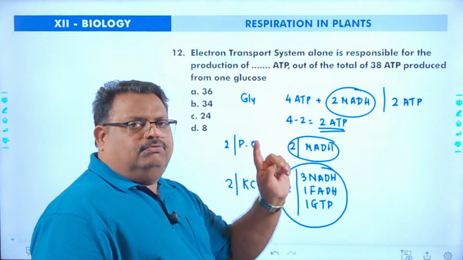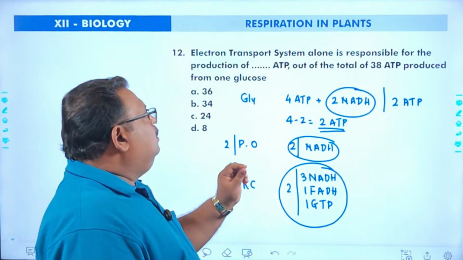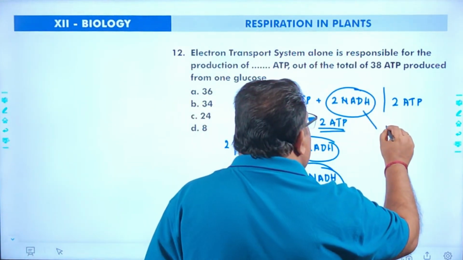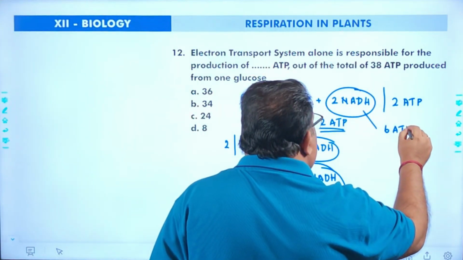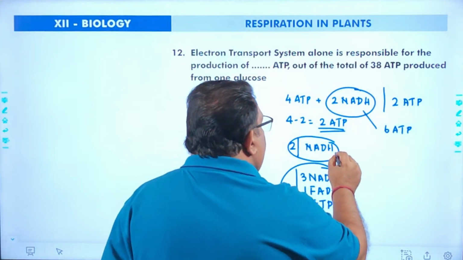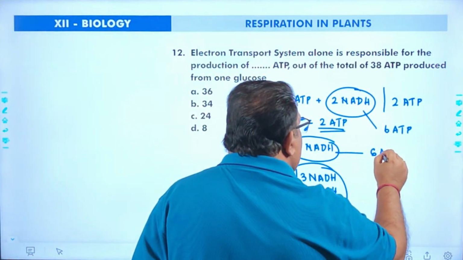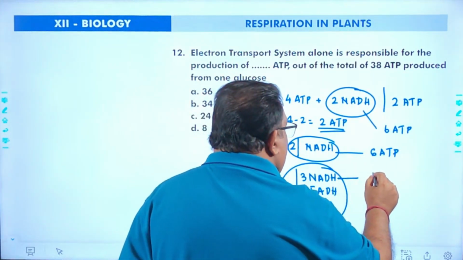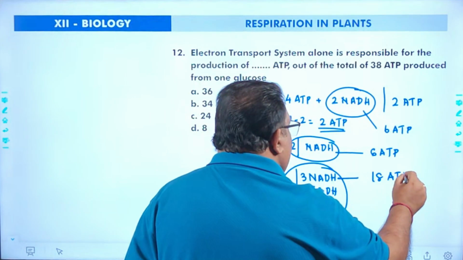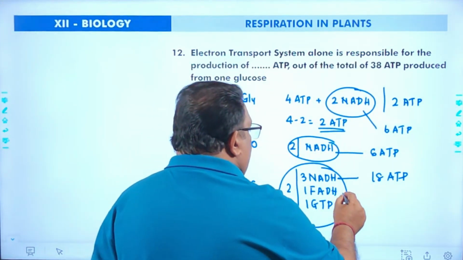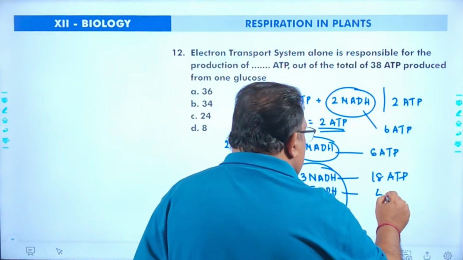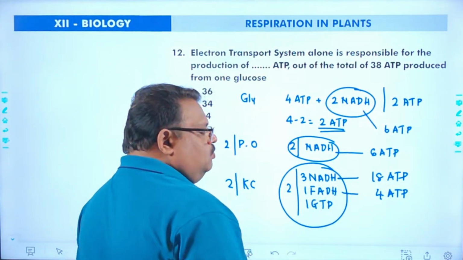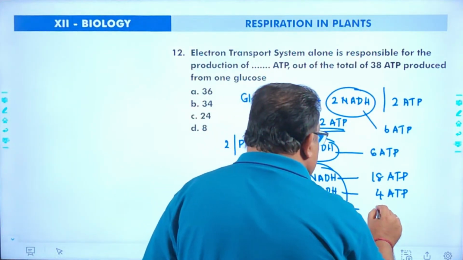From one molecule of NADH, 3 ATP are produced. That means by ETS here 6 ATP, by ETS here 6 ATP. 2 into 3, 6 into 3, 18 ATP. 2 into 1, 2 FADH2 into 2, 4 ATP. 1 GTP means 1 ATP, so 2 GTP means 2 ATP.